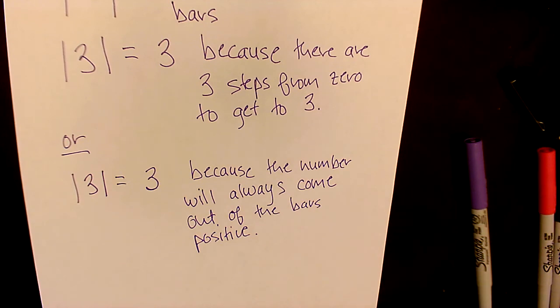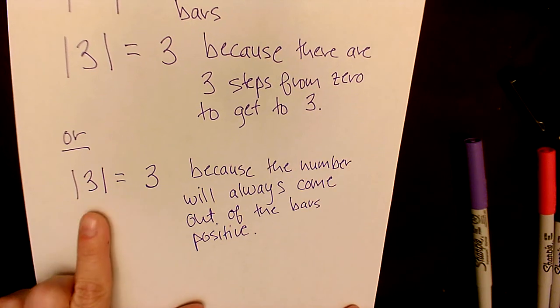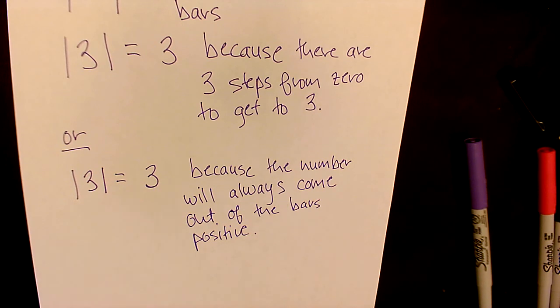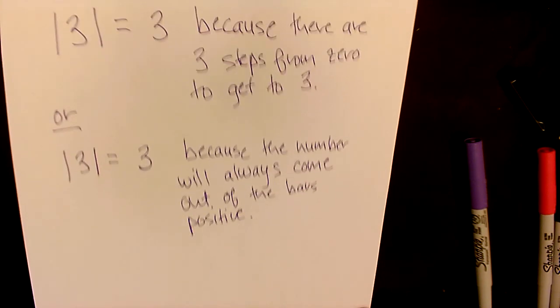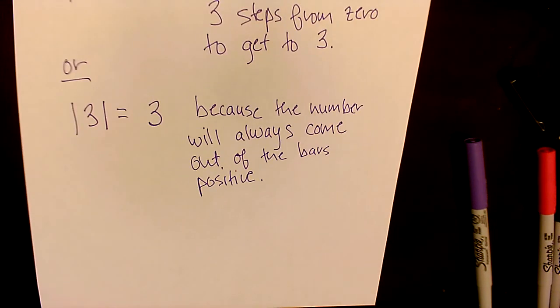So absolute value of 3 is 3. Or if you want to look at this and see I've got a 3 between the 2 bars, and that's going to come out positive because absolute value, the number will always come out positive.